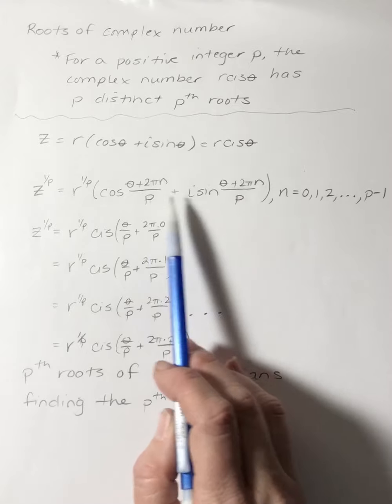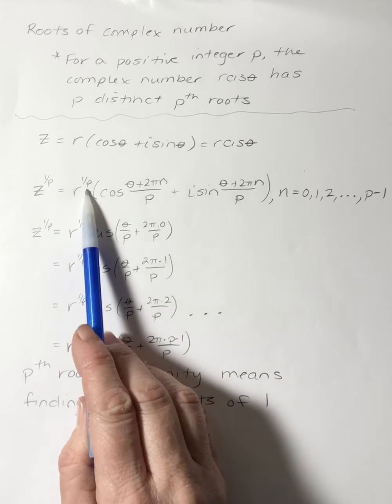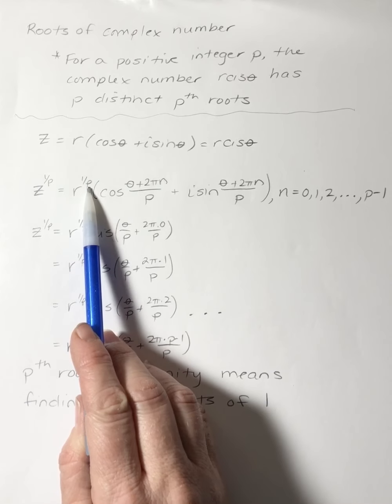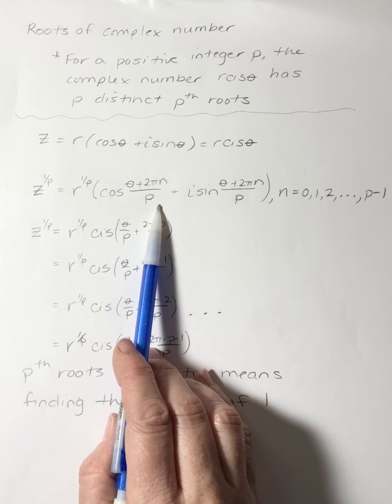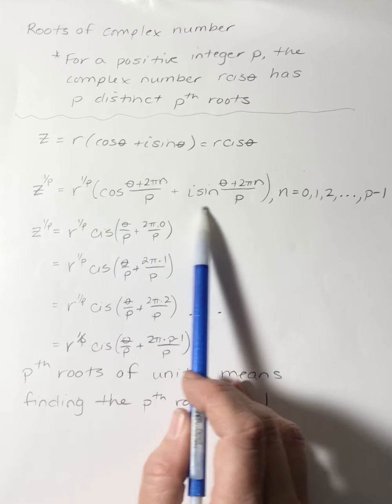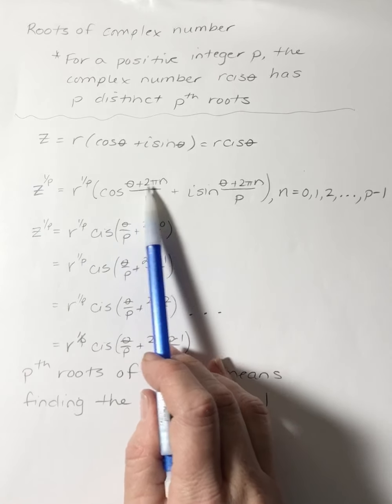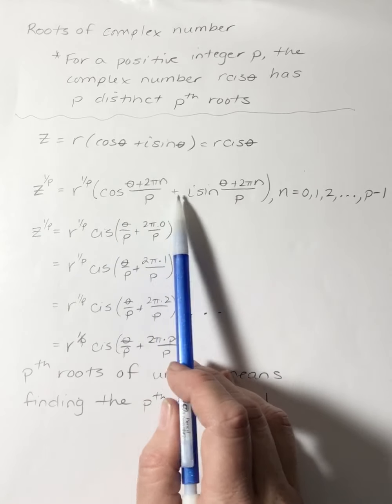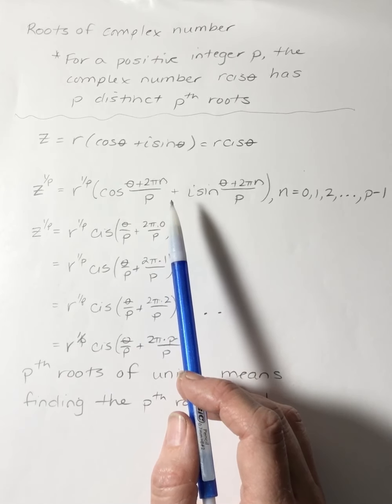This is where it gets a little goofy because I have to have p answers, okay? If p is 6, I have to have 6 answers. If p is 2, I have to have 2 answers. So this is the way they write it in the book. They write it as 1 fraction, okay? I'm separating this into 2 fractions for you so you can see because you're just adding something every single time, okay?